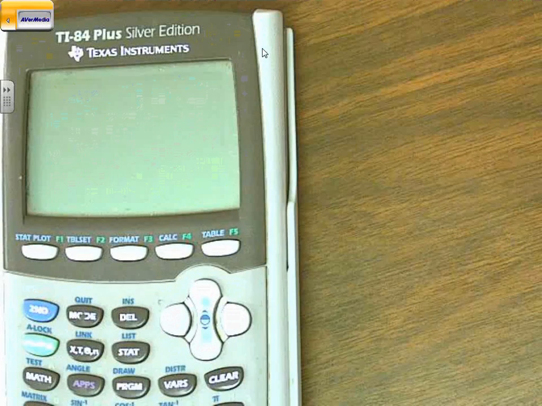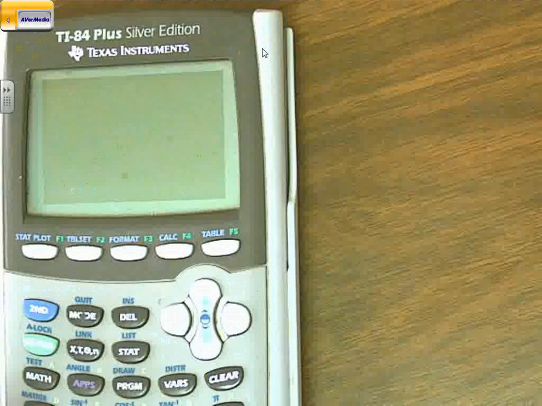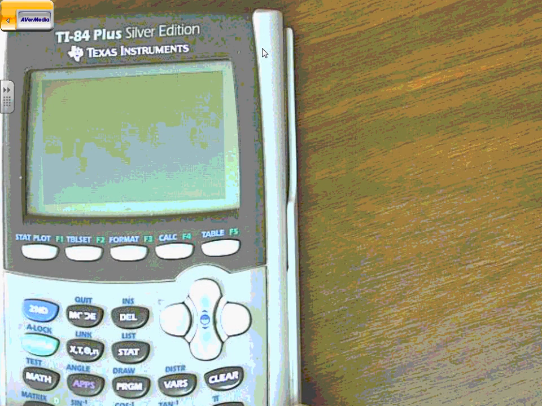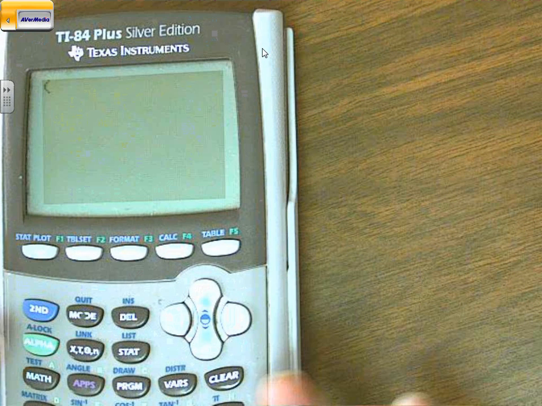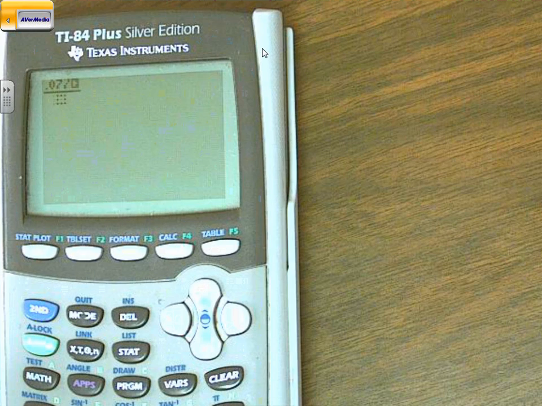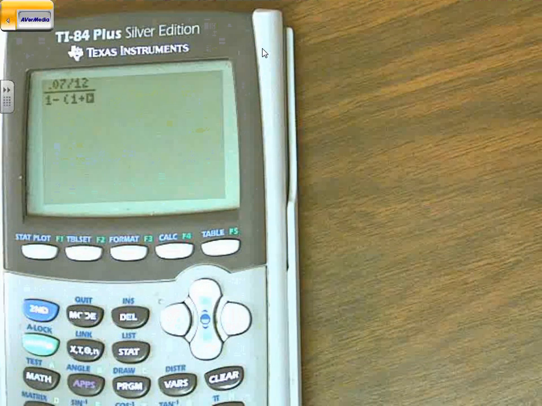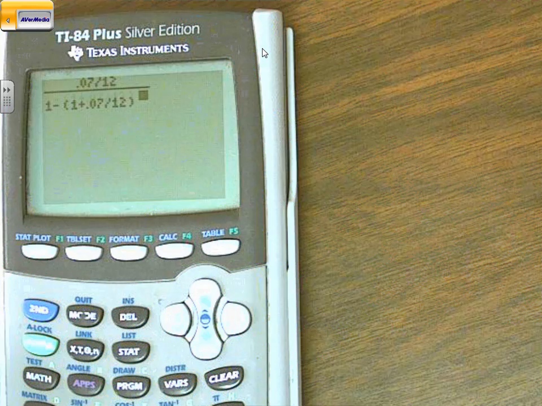So, I'm going to type the formula. The part in the parentheses would be 0.07 divided by 12, 1 minus, open parentheses, 1 plus 0.07 divided by 12, raised to the negative 60.